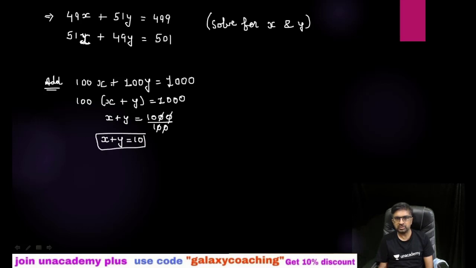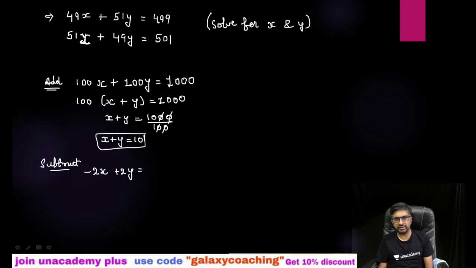Now, one time you added, now one time you need to subtract. You can see that by adding, the equation got reduced. Same way you need to subtract. 49x minus 51x will give you minus 2x. 51y minus 49y will give you plus 2y.